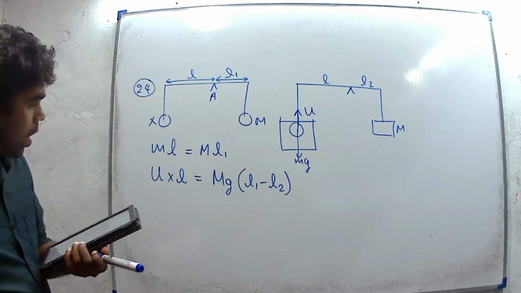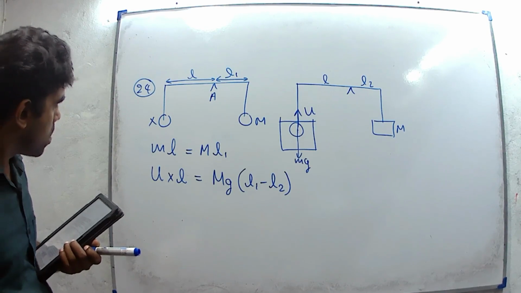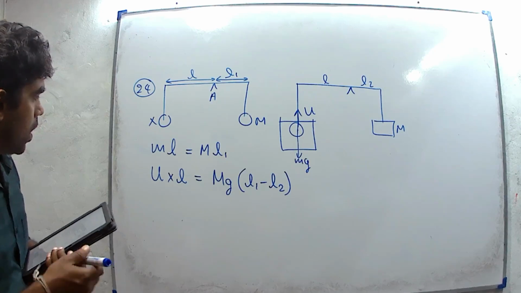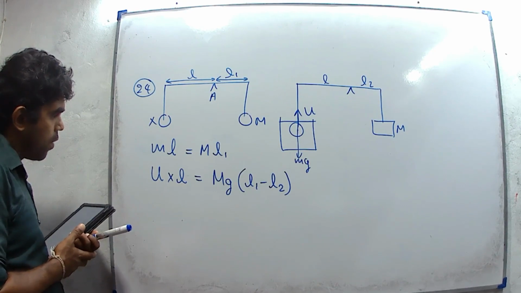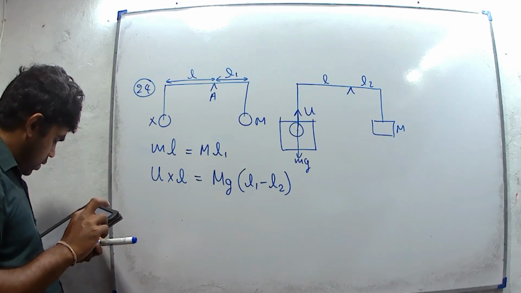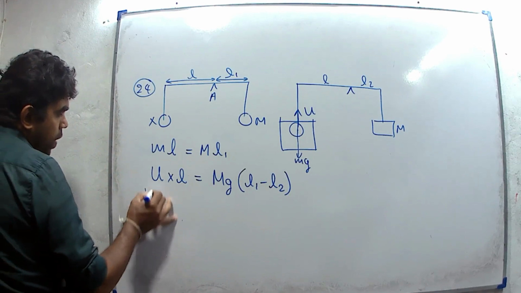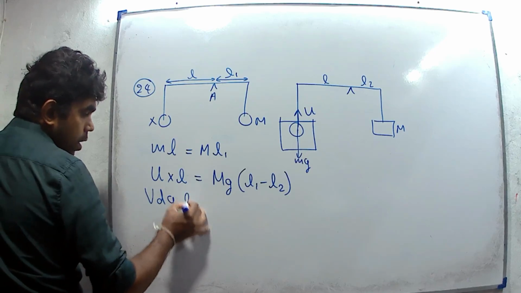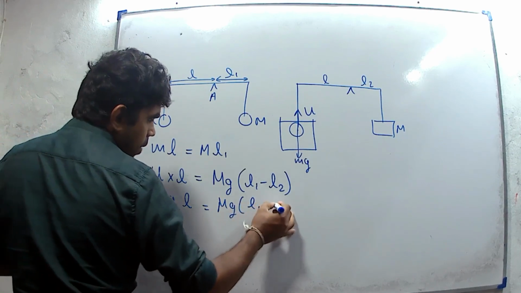Now we have to find the density of material X, the density of the material made of X. Now we can divide the equations. We are given that the density of water is D. We can write upthrust as V D G. Density of water, mg into (L1 minus L2).